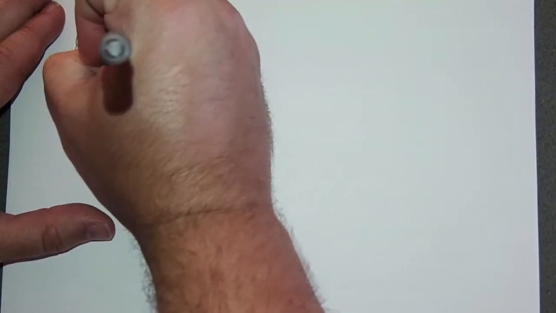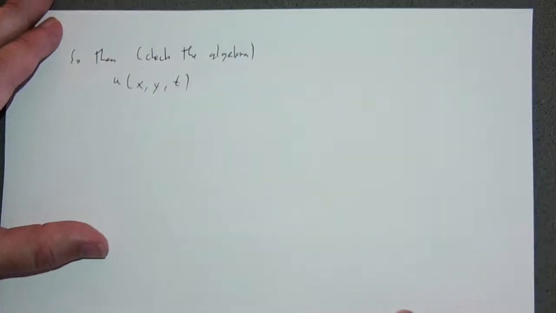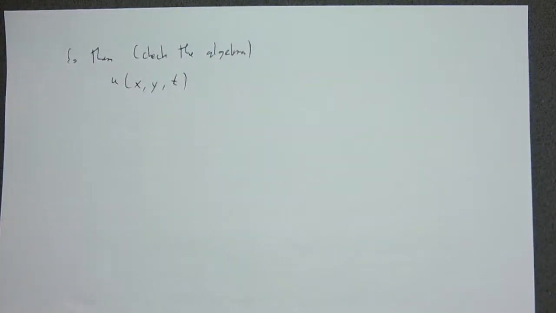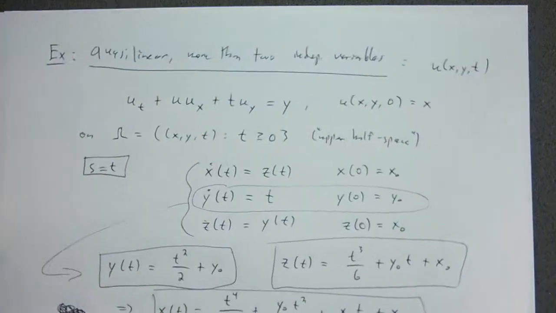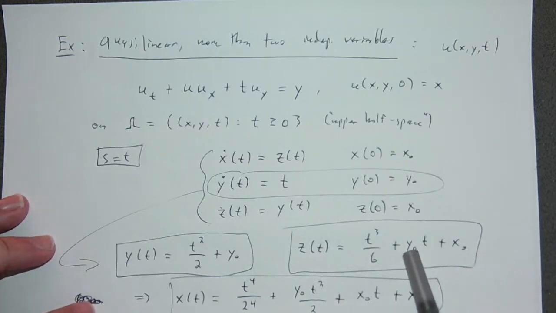So then this takes a little bit of algebra. You can check. So check the algebra. u of x, y, t can be found by doing what? Well, I have an expression in z that includes x naught and y naught. All I need to do is sub those things in. And of course, x naught depends on x, t, and y naught, but y naught just depends on y and t.